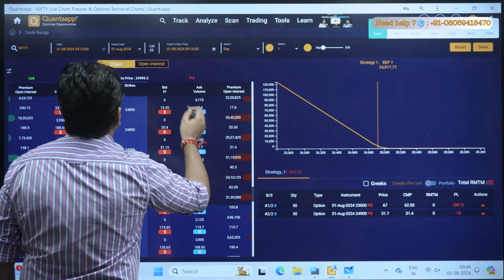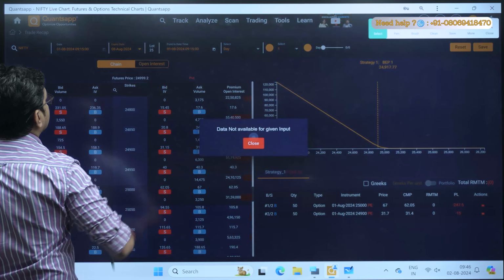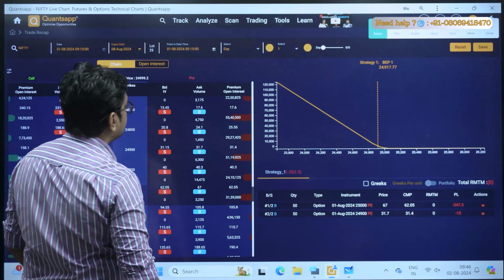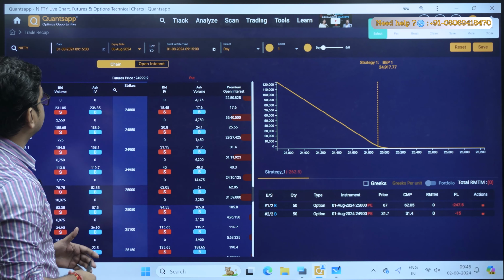I'm sorry, I selected the expiry wrong. No data is available since the expiry has changed.